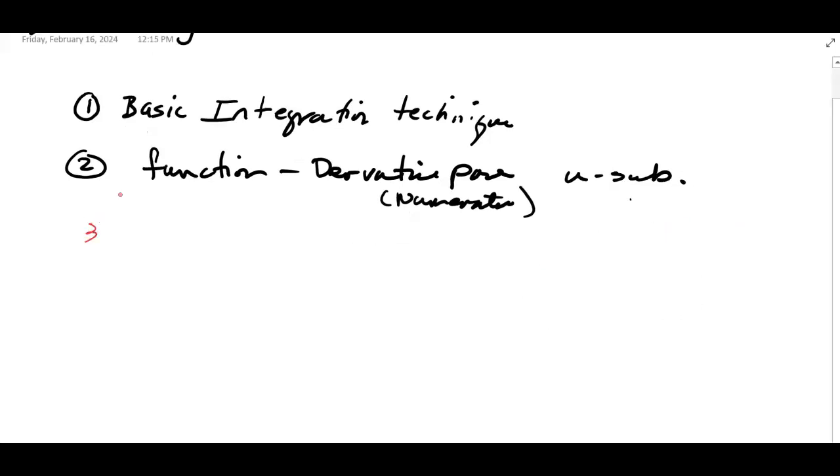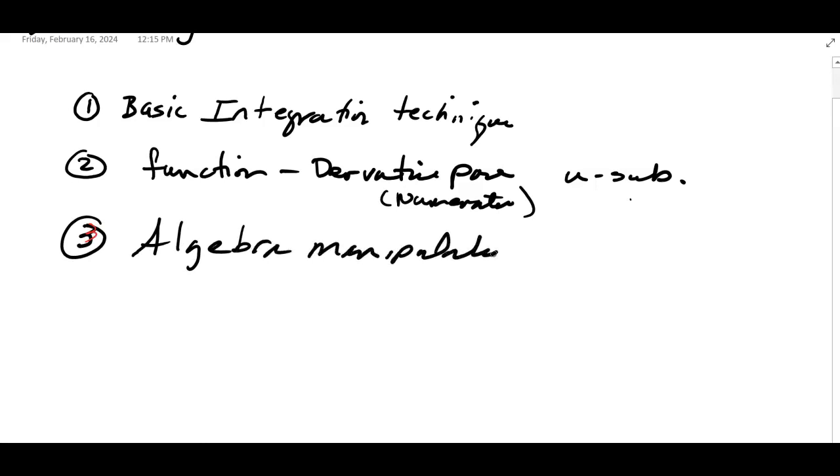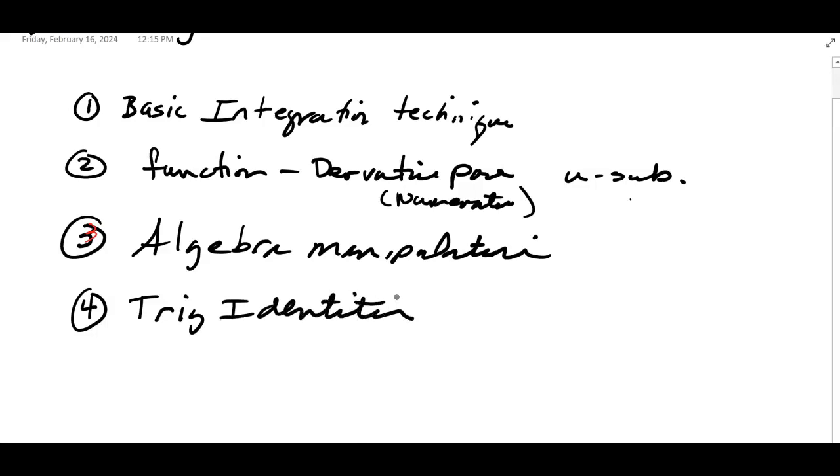So 3, I'm just going to put know your algebra manipulations. How can I rewrite the integral that's in front of me using algebra manipulations, or how can I rewrite it using trig identities? Right?